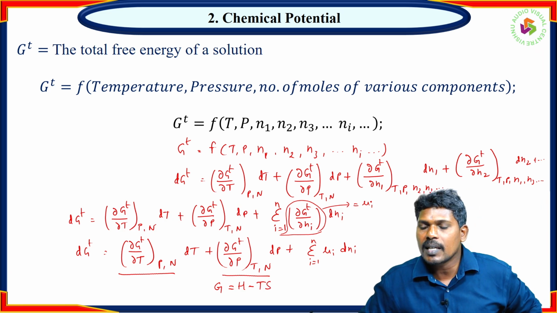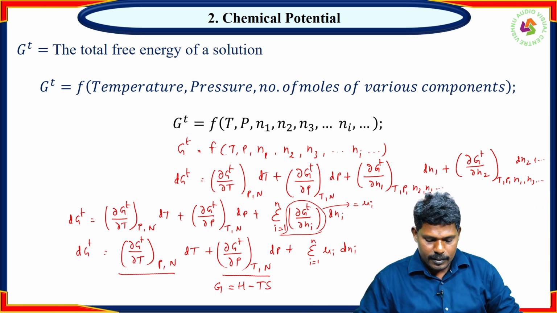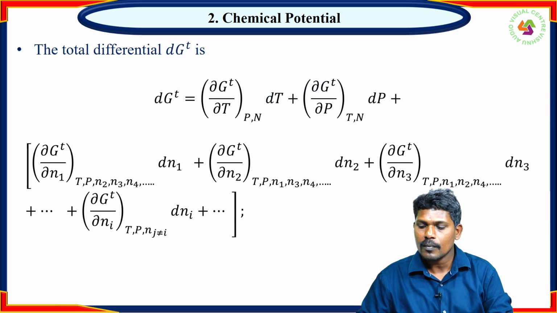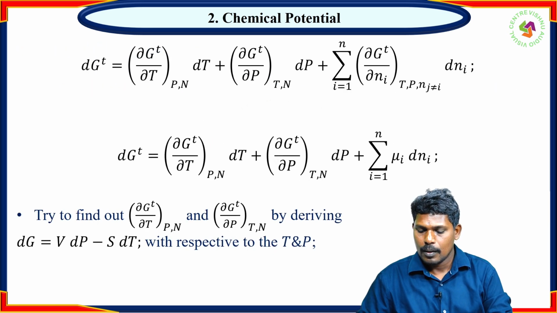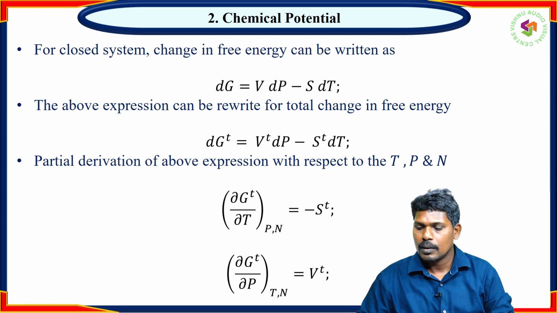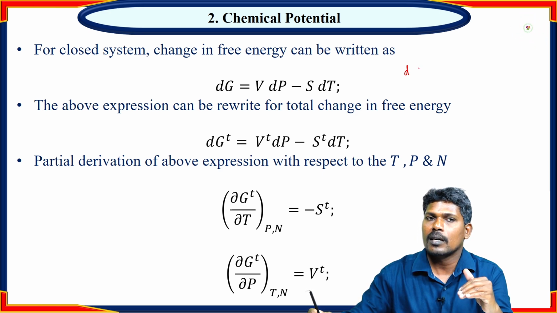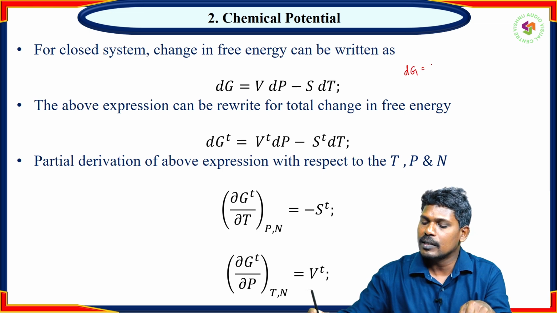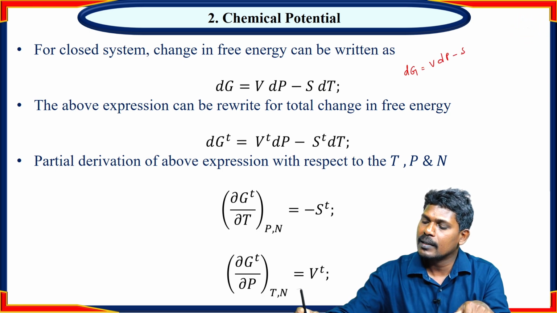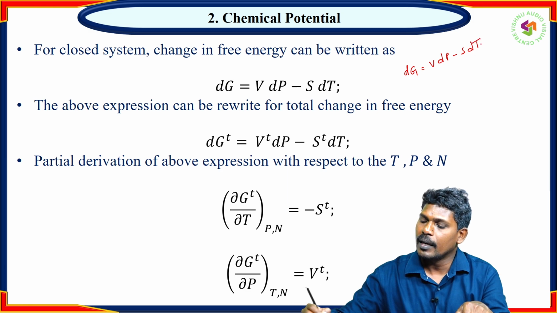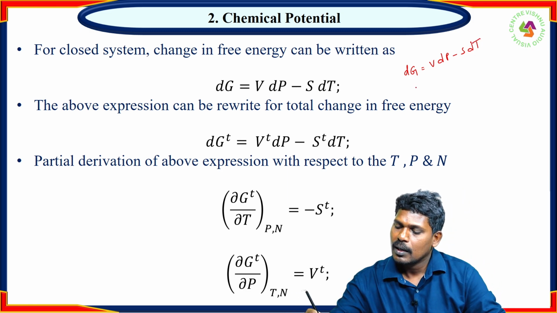From here, the fundamental property relation for dG is equal to VdP minus SdT. So we can write this for total change: dGT is equal to Vt dP minus St dT.